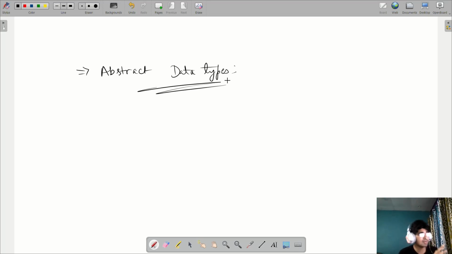So an ADT basically consists of two parts. One is the declaration of data, and the second is the declaration of operations, right?